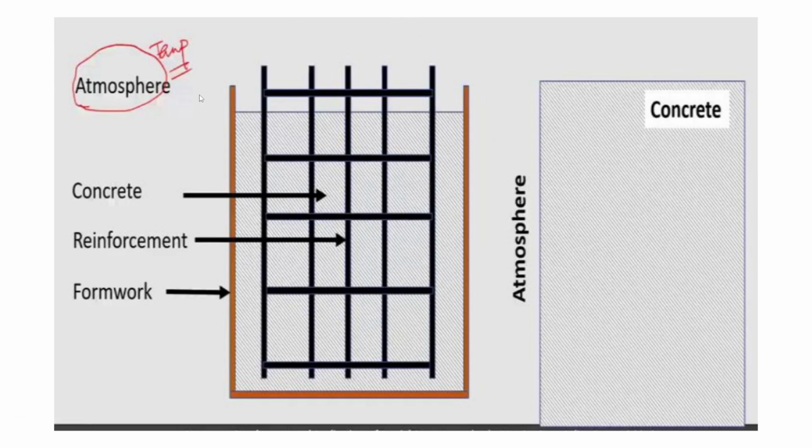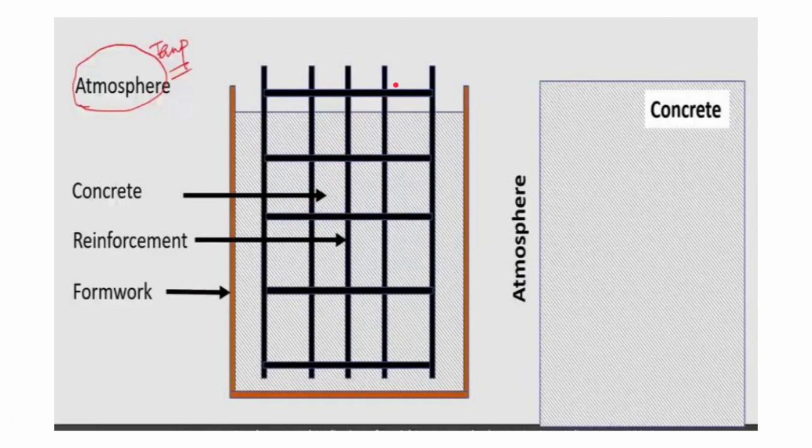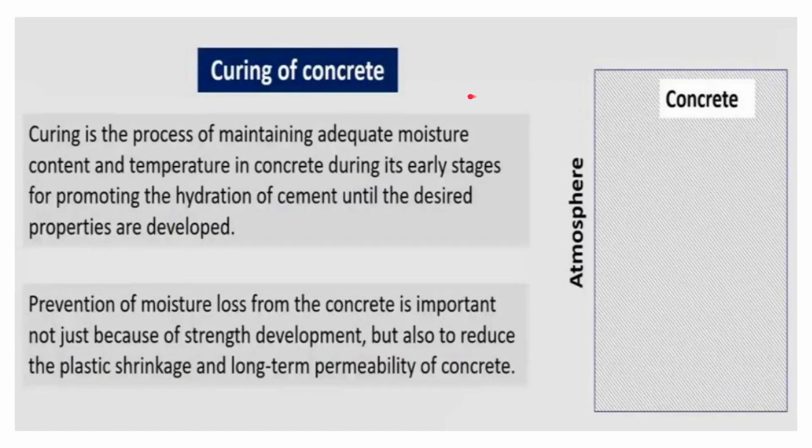The atmosphere is basically nothing but the temperature of the concrete during its casting as well as curing. This temperature plays a very vital role in concrete, and it is one of the main factors which signifies the type of special concrete. We will learn this in the coming slides.